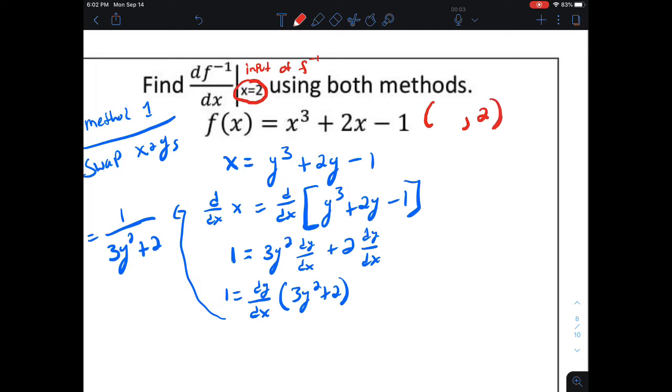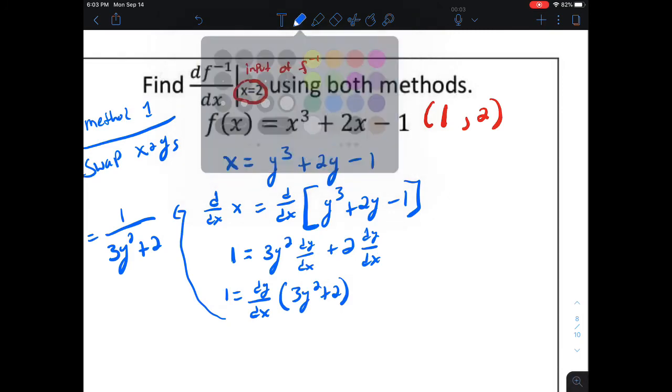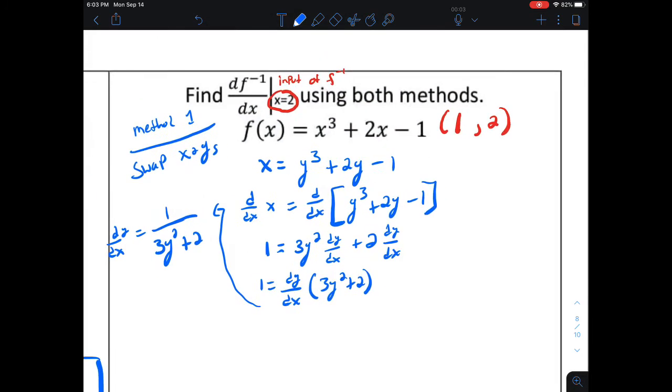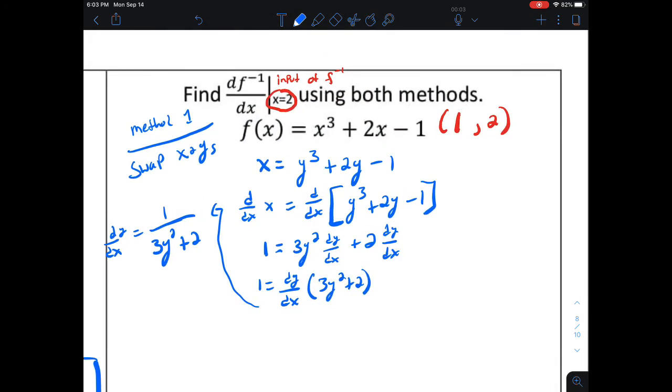Now, I need to know, what is the x value of this for something down the road? And this is one of those problems that you can kind of look at and tell what would produce a y value of 2. If you put in 1 for the x's, 1 to the 3rd plus 2 times 1 minus 1, that'll make an output of 2. So I really have the coordinate 1, 2. Now, when we do this first method and we swap our x's and y's and then go to plug in, we have to turn this coordinate around.